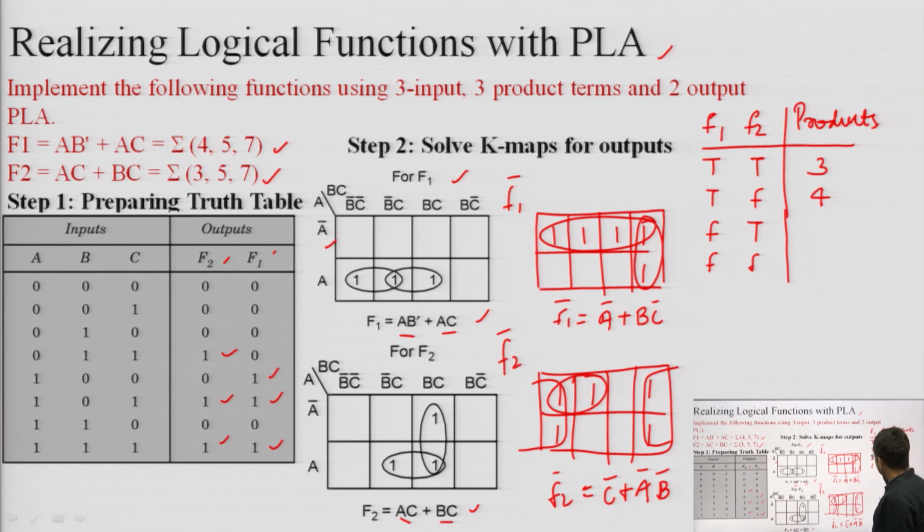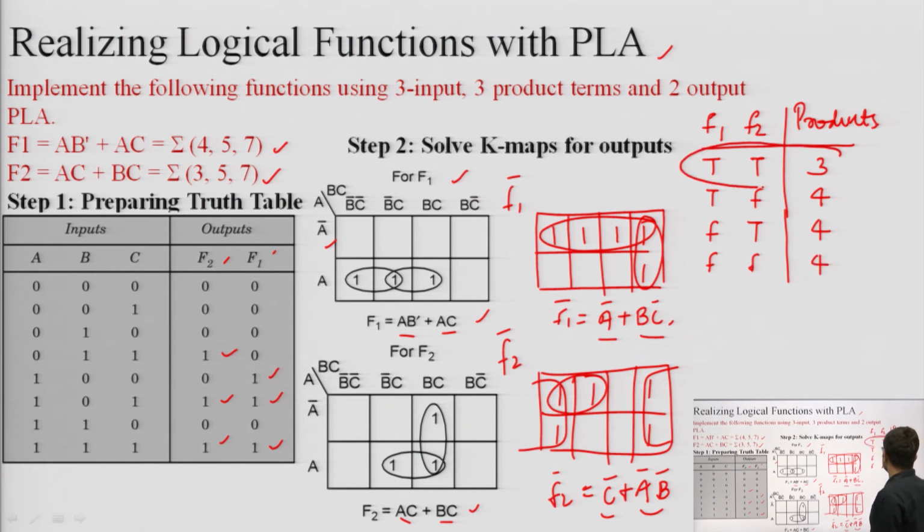If I take F1 complement, that is A bar plus BC bar, plus F2 in true form, AC, BC, there is nothing common, so there will be 4 unique products. And if both are false, A bar plus BC bar, C bar plus A bar B bar, again there is nothing common.